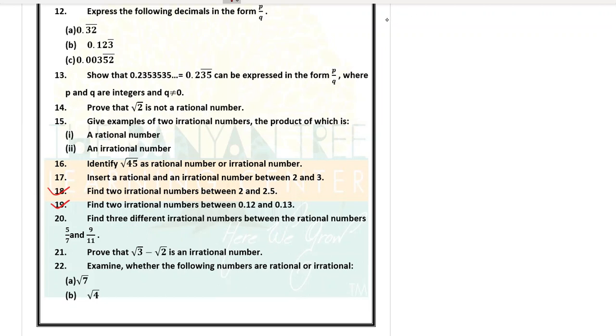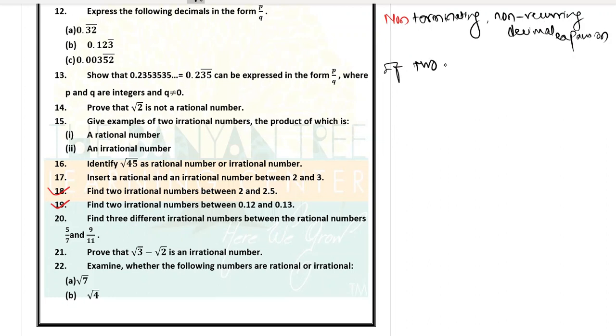So basically you have to write non-terminating, non-recurring decimal expansion of two numbers greater than 2 and smaller than 2.5.